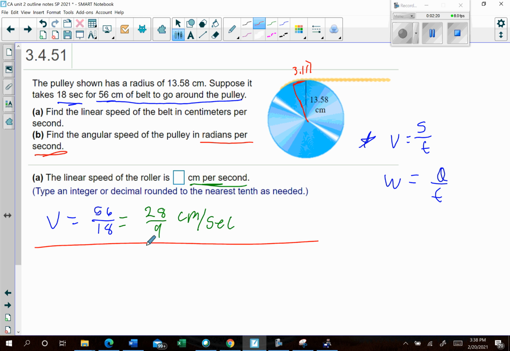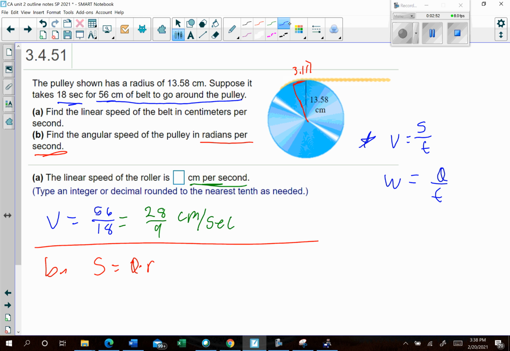If you look back at arc length, we use s as our variable, and s is equal to theta times the radius. I have the radius, which was given, and I know the arc length from part A. I know the arc length of this angle that's created every second, and that's what we're looking for. That's going to be the radians per second.